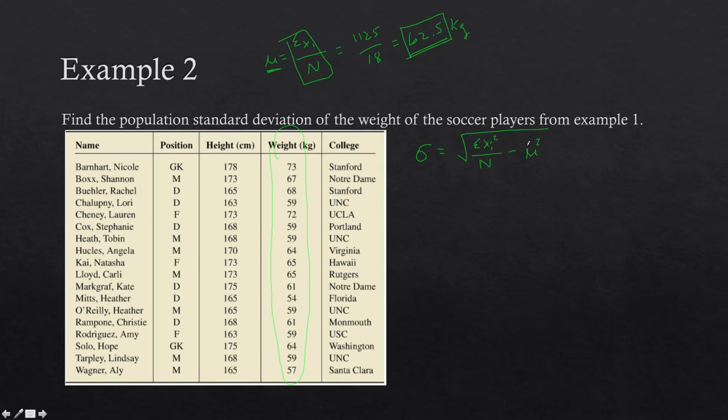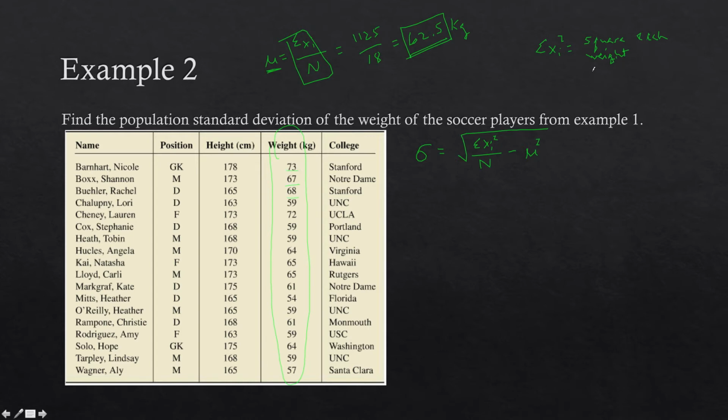Now, the sum of x sub i squared. Okay. Well, how do we do that? Well, what this means is simply asking you to square each weight. Square each weight, so we would square every single one of these, okay?